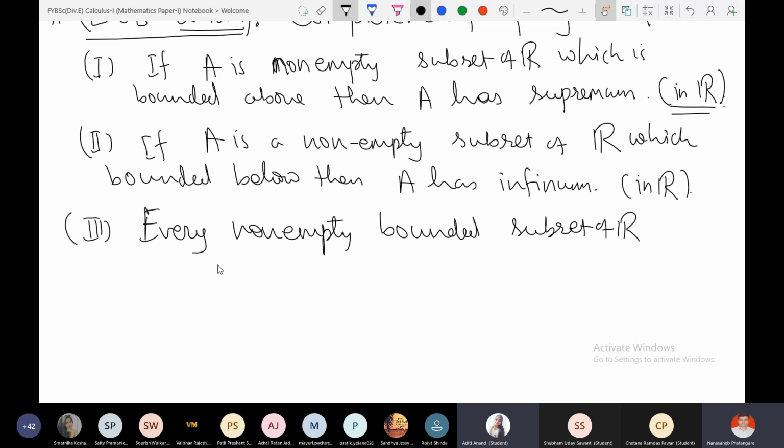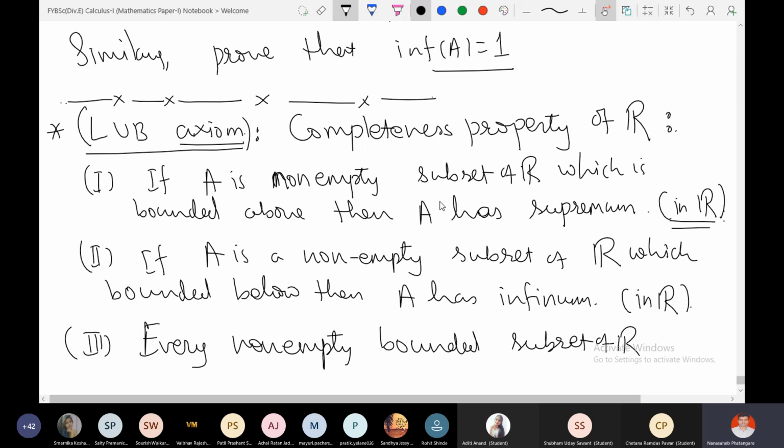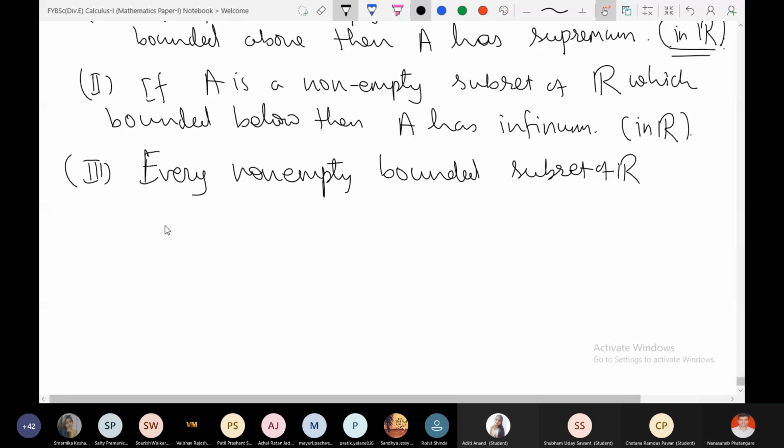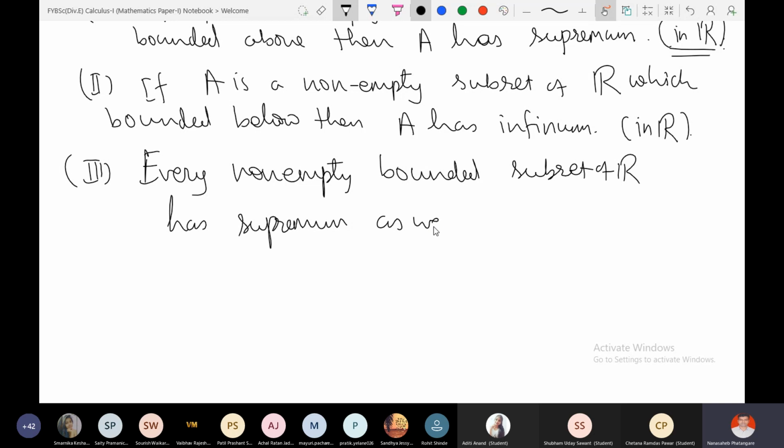Very good. So every non-empty bounded subset of R is bounded above as well as bounded below. If it is bounded above, it has a supremum, and if it is bounded below, it has an infimum. So it has a supremum as well as an infimum in R.